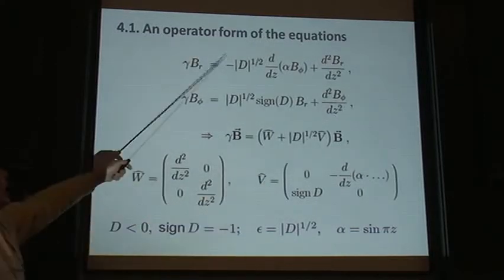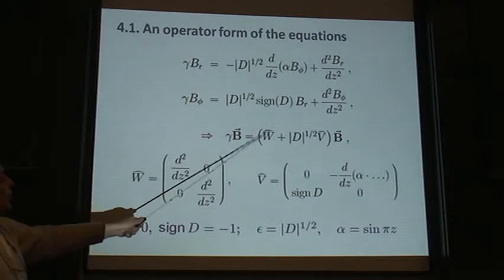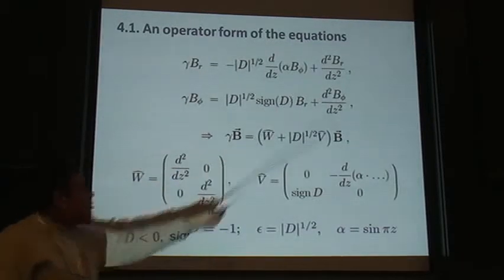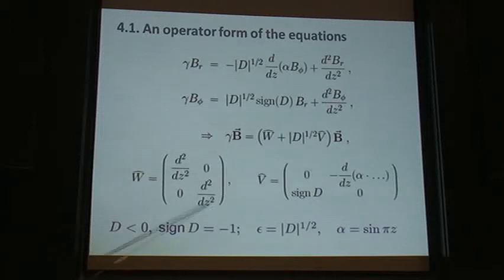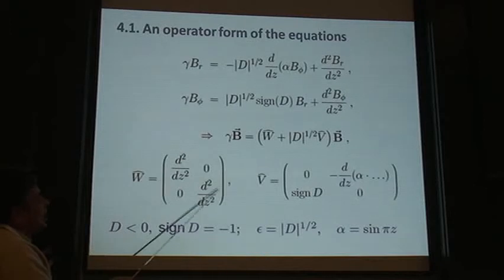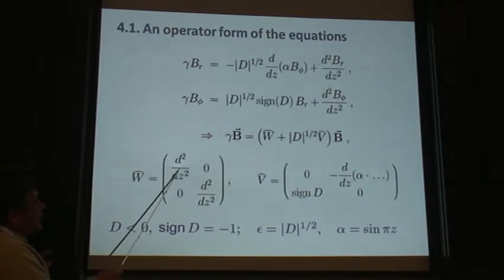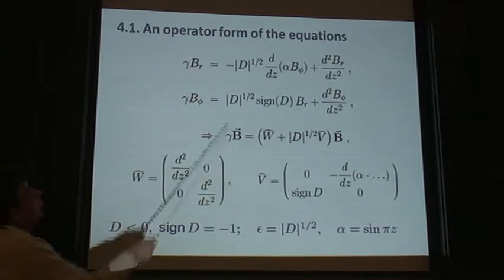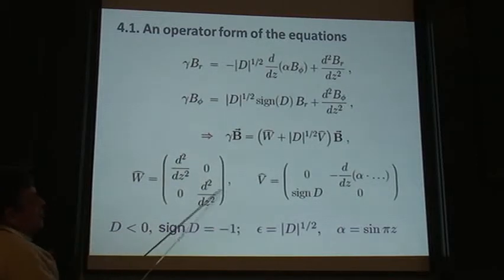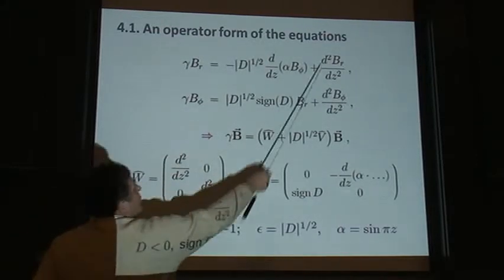I immediately isolate the unperturbed operator, which will contain on the diagonal these two derivatives, and zeros away from the diagonal. If I multiply this by the vector B_R, B_phi, I will get d2 by dz squared B_R for the R component, and d2 by dz squared B_phi for the phi component.